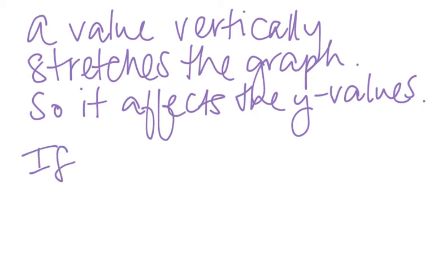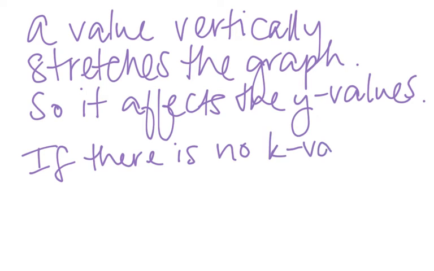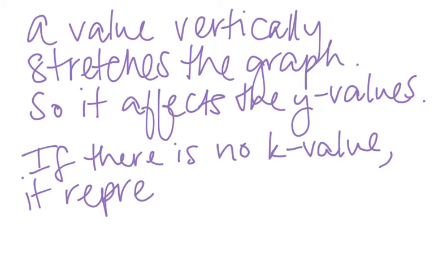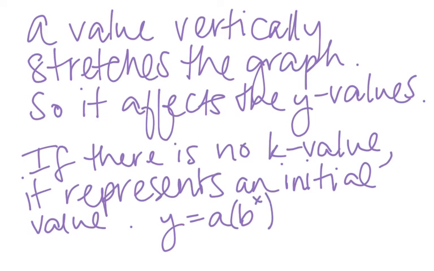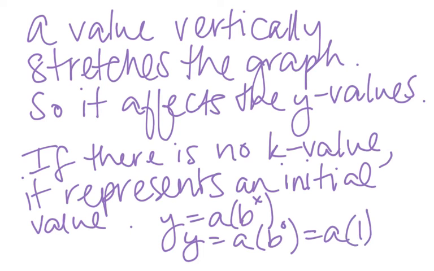And we can say if there is no k value, it represents an initial value. So if we just have y equals a times b to the x, when x is 0, you have y equals a times b to the 0, which is just a times 1, which is a. So this is going to give you an initial value at x equals 0.